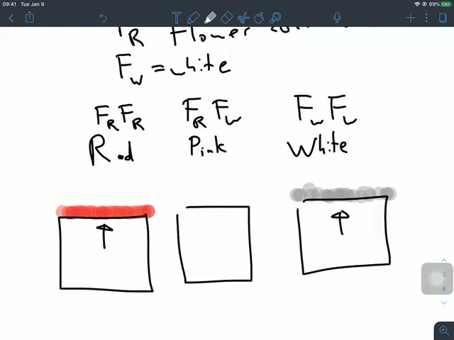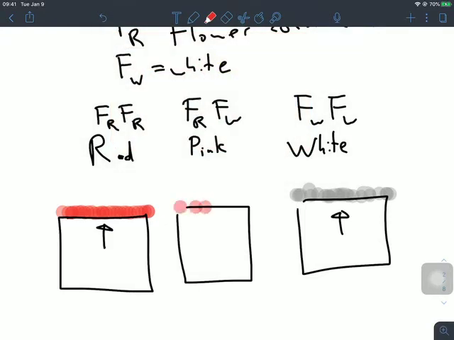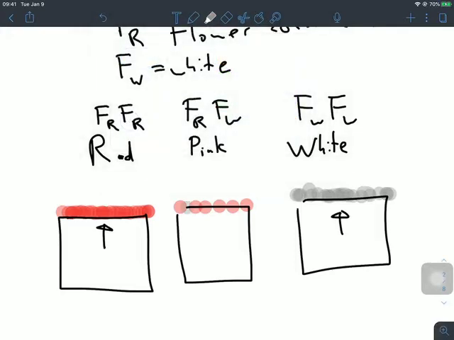Well, in the case of a pink flower, you will get some red being made, and you will get some white being made. Now, because both of them are getting to the surface, both of them in this case are being expressed, you now get this situation where the red cannot mask the white completely, nor can the white mask the red completely.